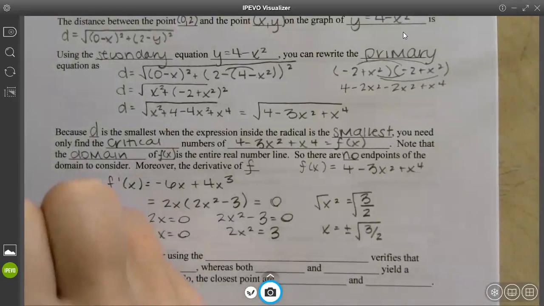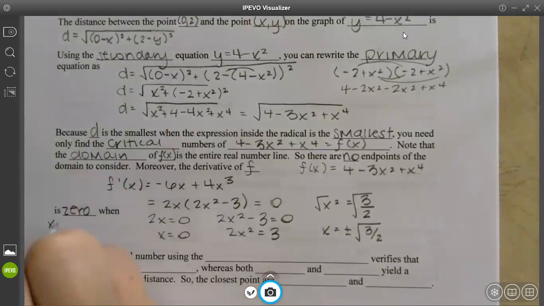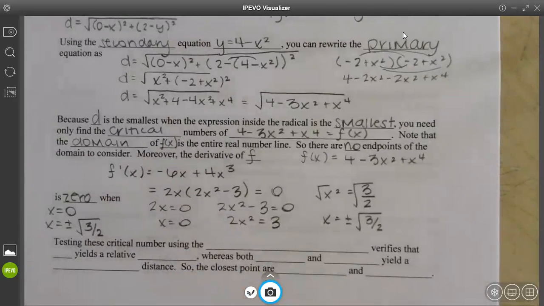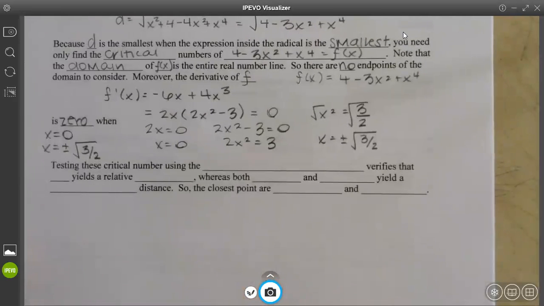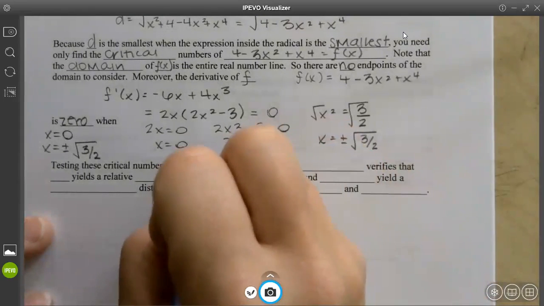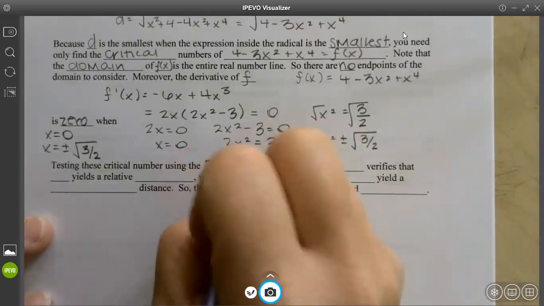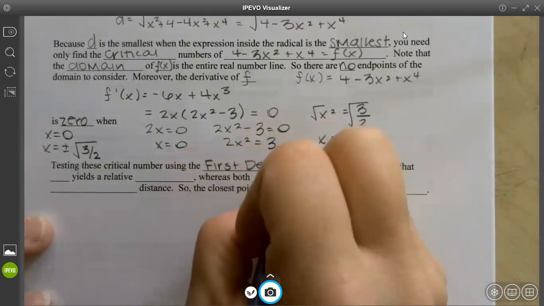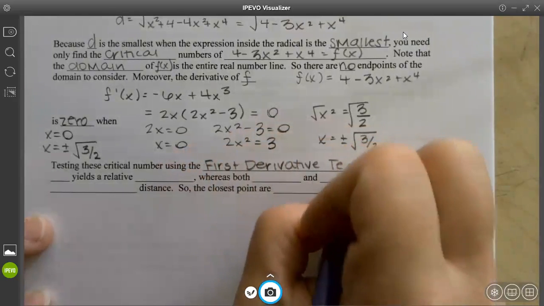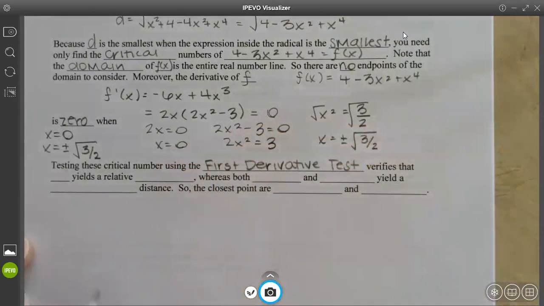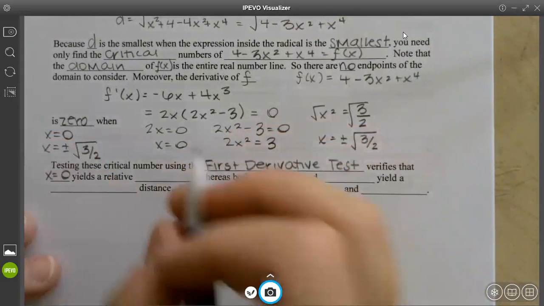So the derivative is 0 when x equals 0 and x equals positive or negative square root 3/2. Testing these critical numbers using the first derivative test verifies that x equals 0 yields a relative maximum.